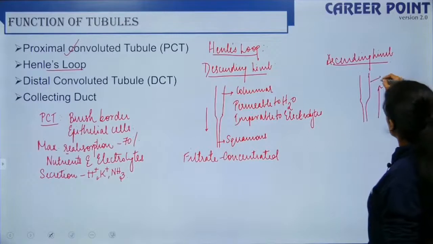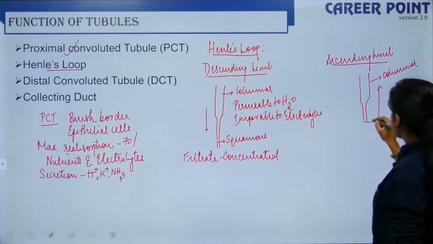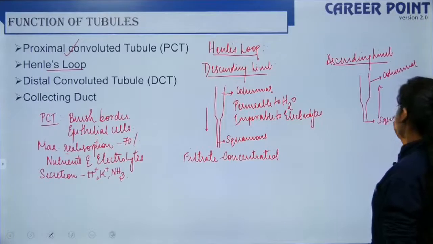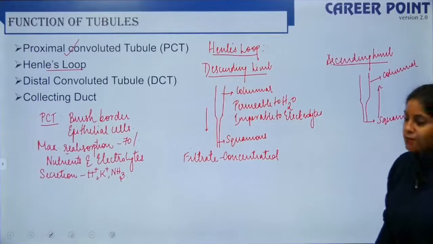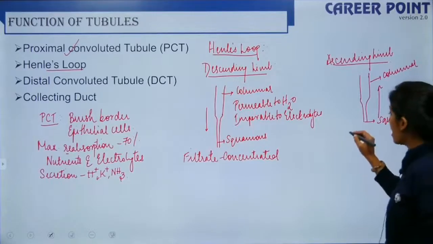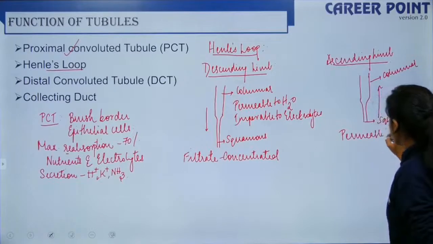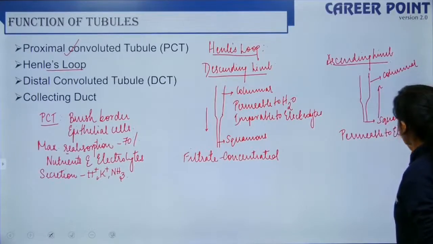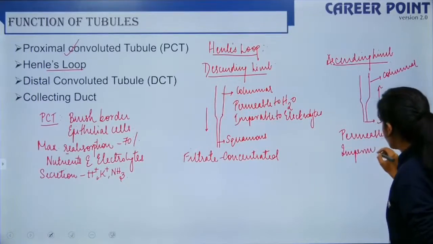This is also lined by columnar epithelium, and this is by squamous epithelium. But the ascending limb of your Henle's loop is permeable to electrolytes but it is impermeable to water.